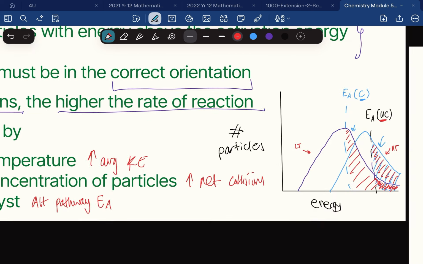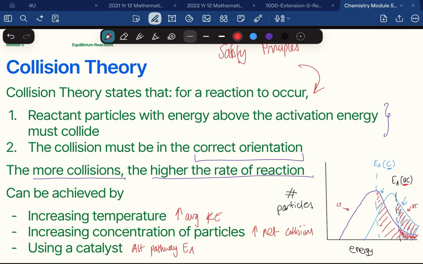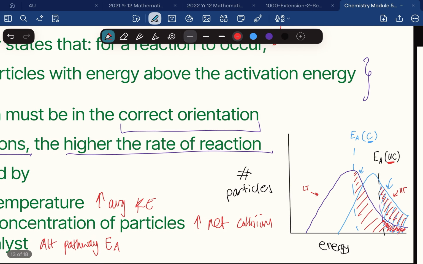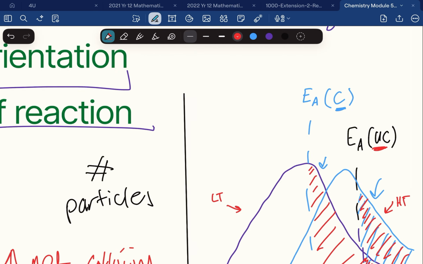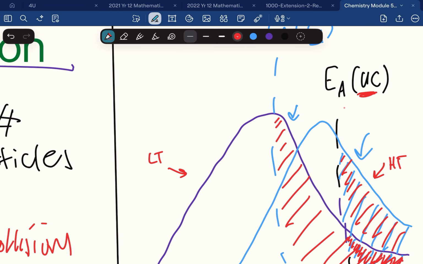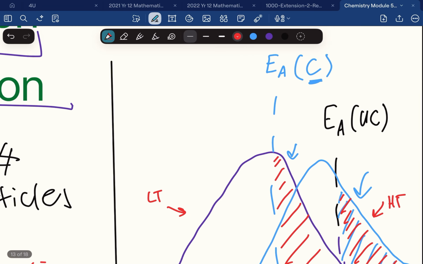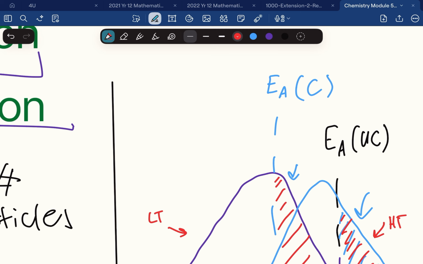And so you have more successful collisions, because more particles are above the activation energy barrier. For the concentration of particles, it just makes sense: the net collisions are increased, so the probability of successful collisions stays the same, but since you have more collisions, there are going to be more successful collisions. And for a catalyst, which provides an alternate pathway, you see this is the uncatalyzed reaction and this is the catalyzed reaction.